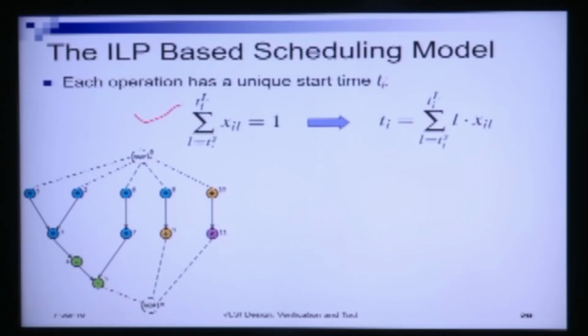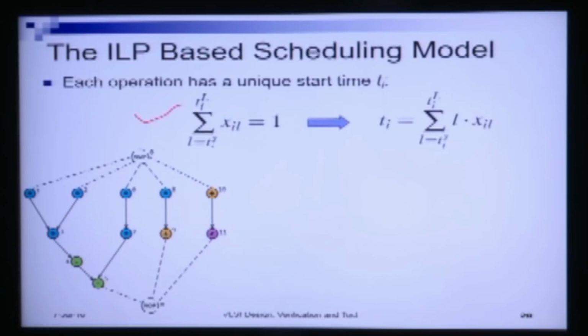Because x_il can only take value 0 or 1, x_il equals 1 when operation i is scheduled in time step l and x_il equals 0 otherwise. So, there can be only one value of x_il which will be 1 between its ASAP and ALAP times, and hence summation of x_il equals 1.